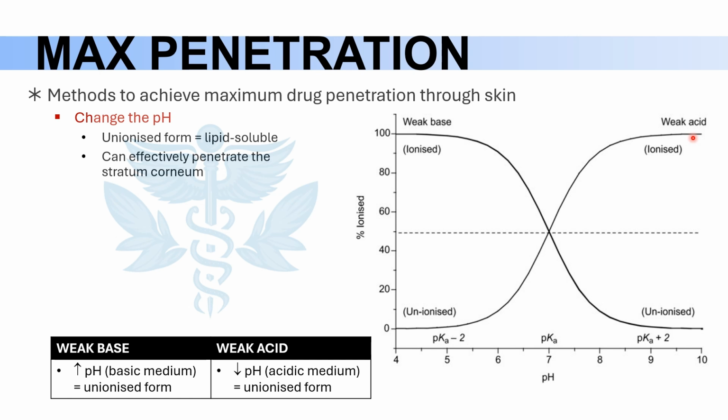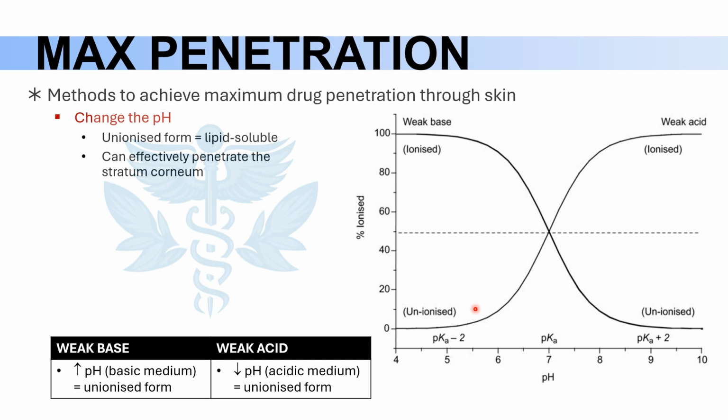So, if our drug is a weak base, we need to increase the pH of our preparation in order to give the drug the basic environment it needs to be in its unionized form. With the same logic, a weak acid will be in its unionized form when the pH of the preparation is decreased. That's the main concept we need to understand from this graph.